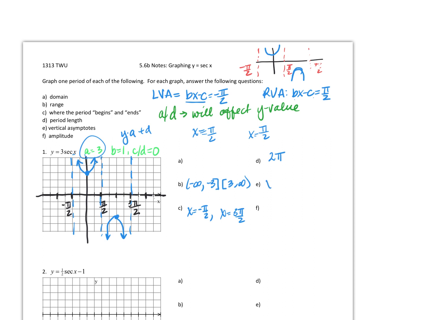E is the vertical asymptote, so E is equal to, let's do pi over 2 plus n, remember it's half the period, so n pi. F is the amplitude, remember it's the absolute value of A, so in this case it's just 3. Now we can do our domain, so it's all reals except where x is equal to pi over 2 plus n pi. Okay, remember these go hand in hand.